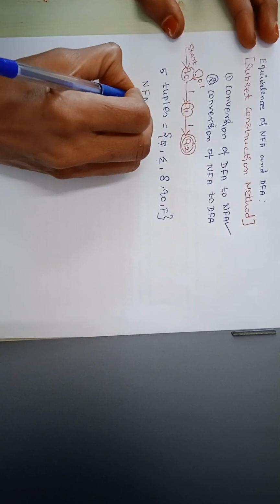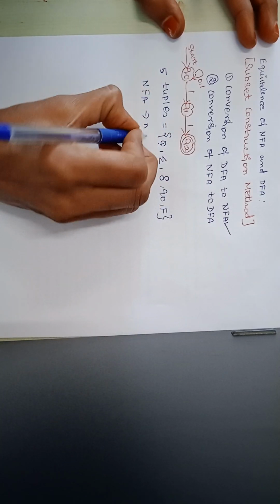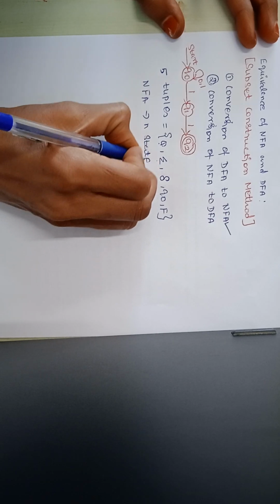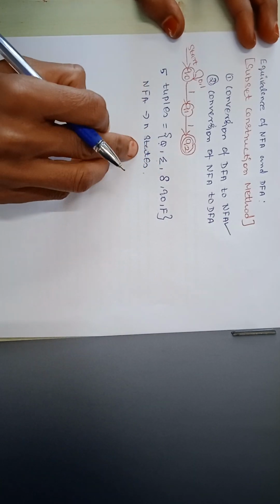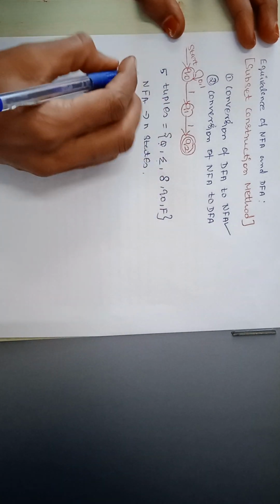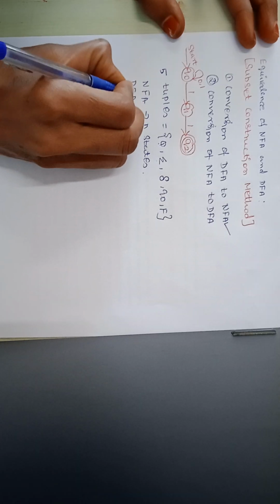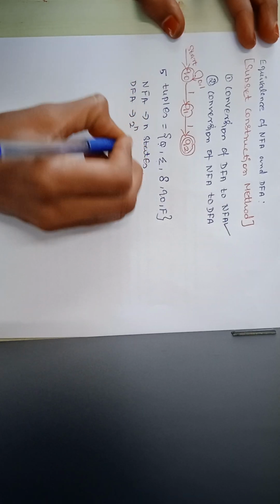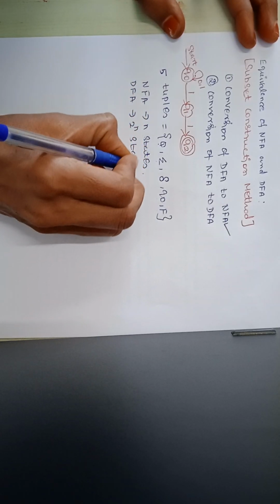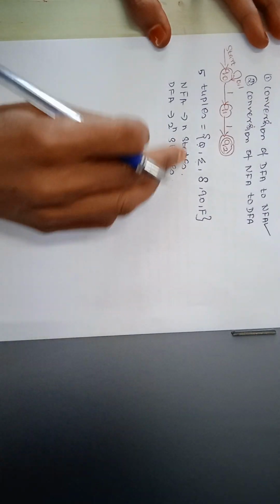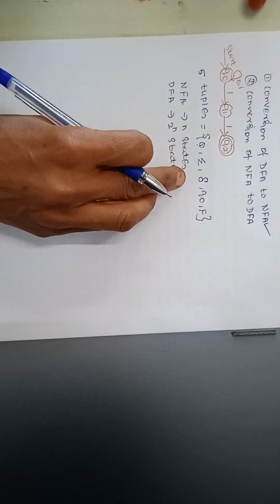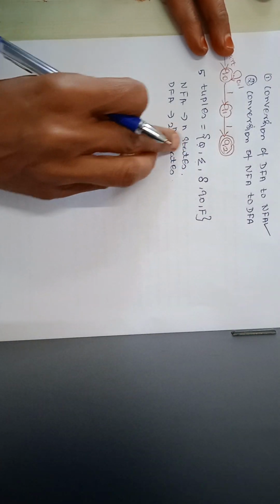If the NFA has n states, then the DFA has 2 to the power of n states.